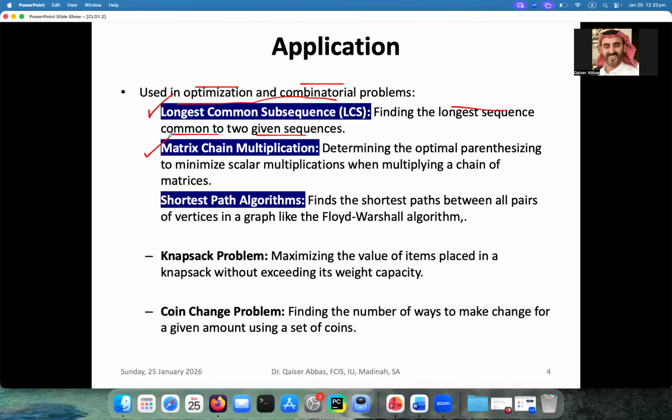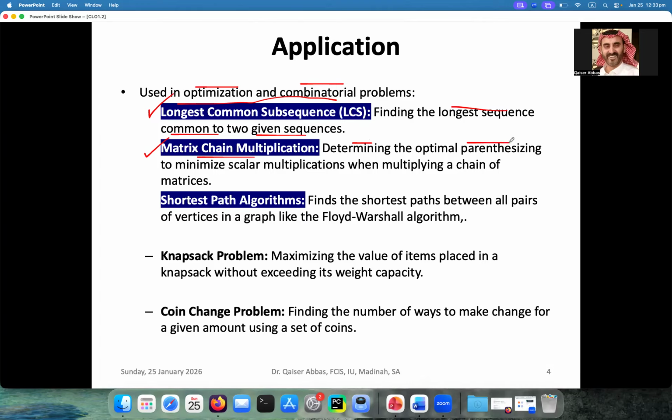Matrix chain multiplication. This is a problem of matrix multiplication. You have more than one matrix and you have to multiply them. But for that, what will this algorithm do? It will determine the best possible parenthesizing.